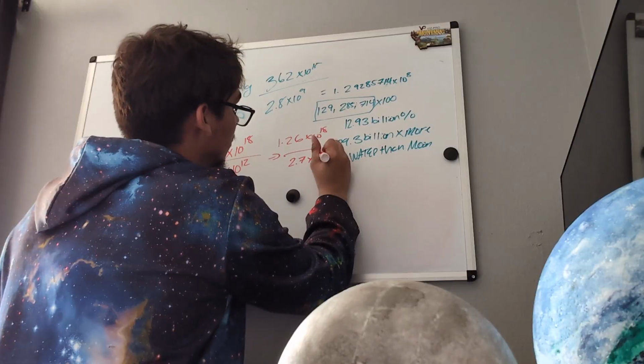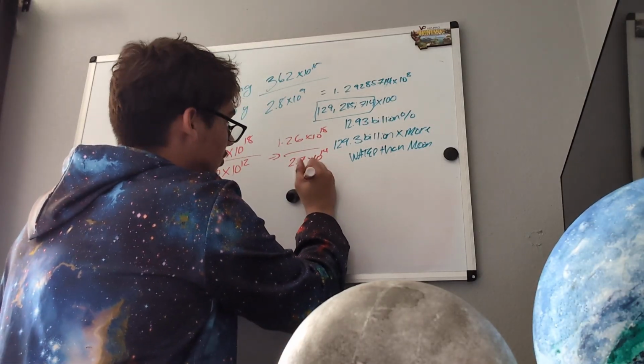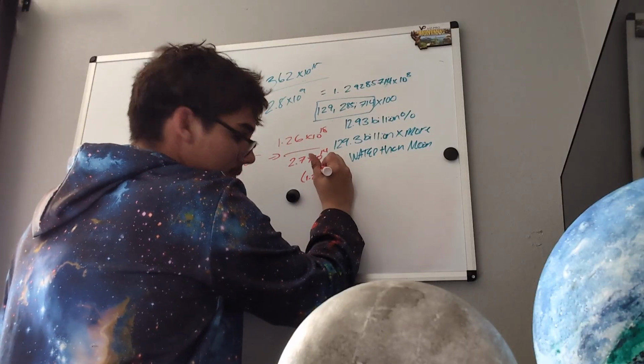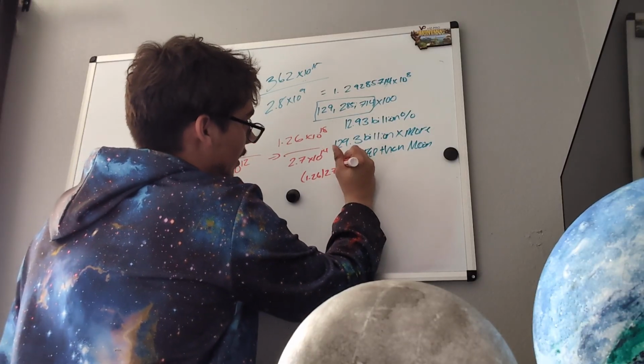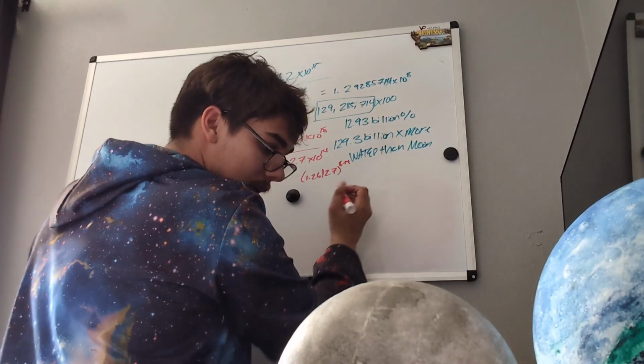Okay. And then we'll convert that, so 2.7 times 10 to the 14th power, and then we'll do the simple way, just doing 1.26 divided by 2.7, and then the powers will just minus each other, so 18 minus 14.